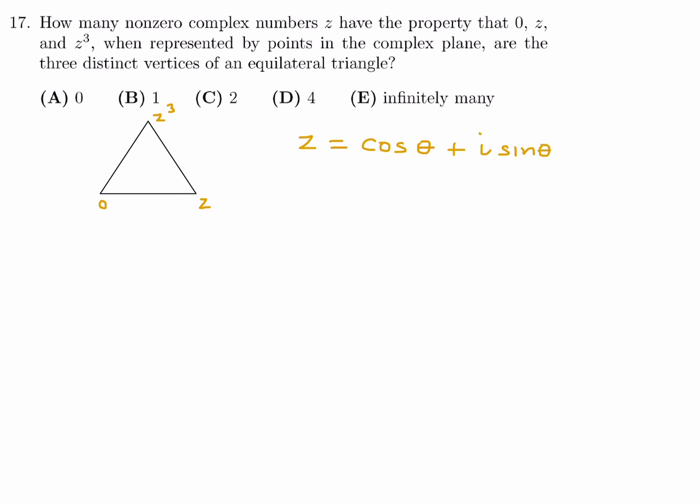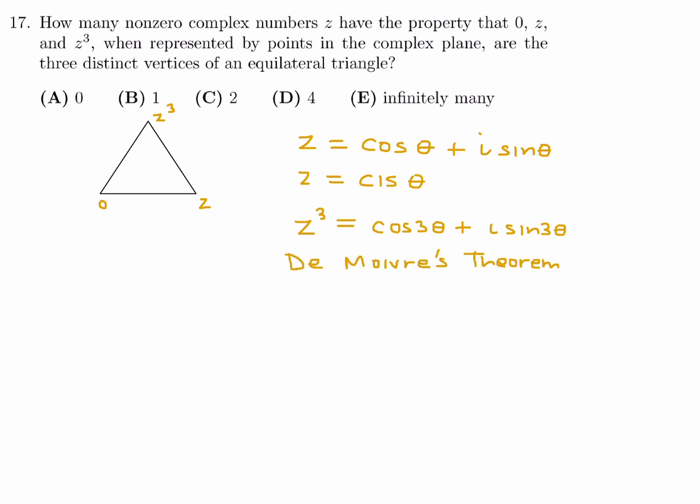We all know that z is equal to cos theta plus i sine theta, and they abbreviate this as just cis theta. So that means that z to the power of 3 is going to be cos of 3 theta plus i sine 3 theta, right? That's using de Moivre's theorem.